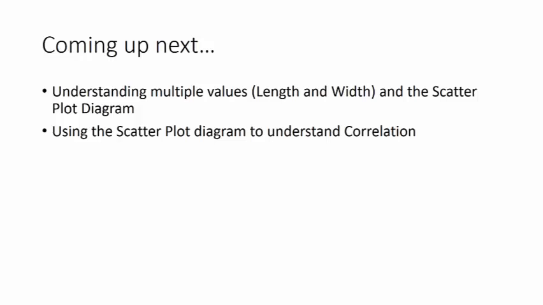So we'll learn about a scatter plot diagram, and we'll also understand correlation. And these two things have to do with not just one value that varies, not just a univariate analysis, but a bivariate analysis of our statistics, how these two values might tie in with one another.